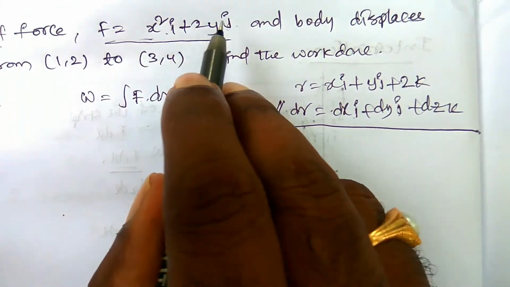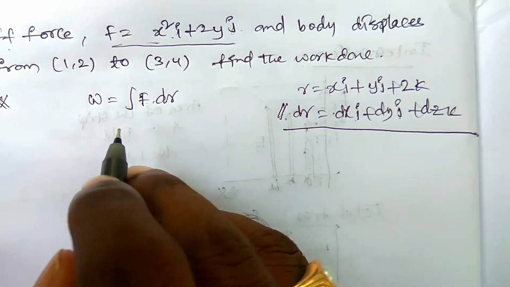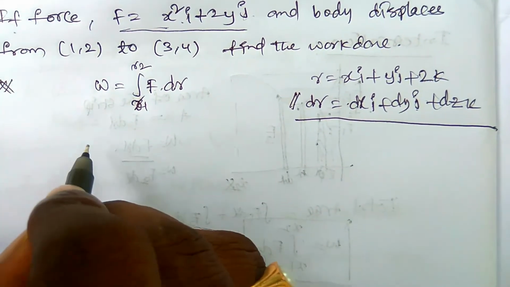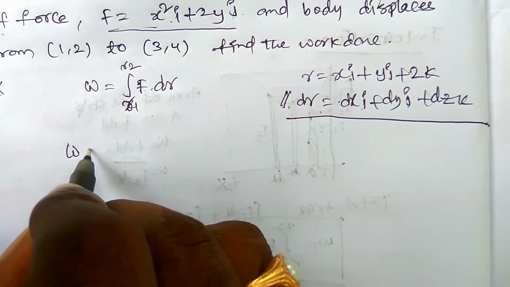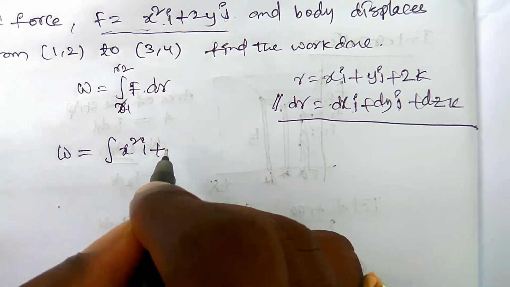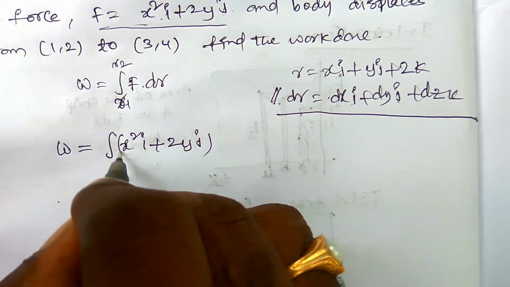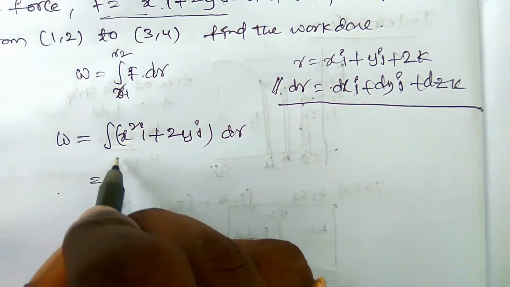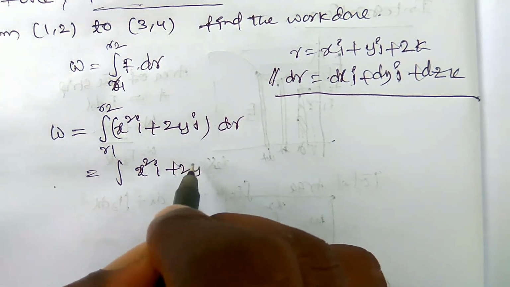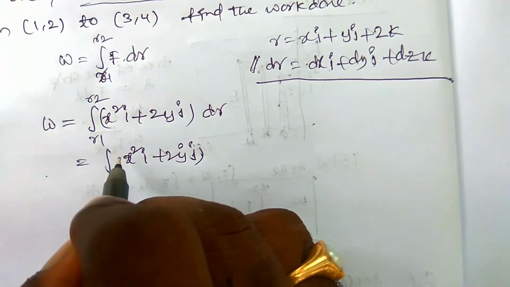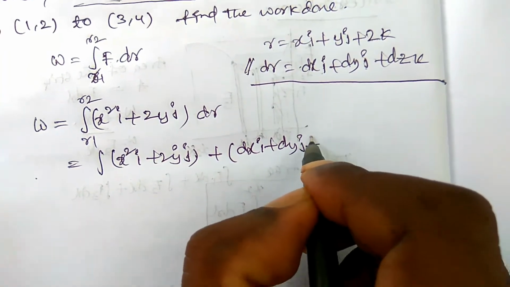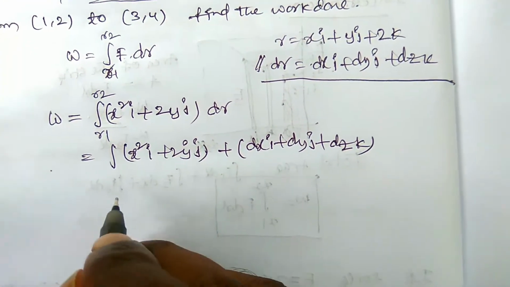So here F is equal to x square i plus 2y j. Okay, and here this is x1 to x2, here r1 to r2, right? So W is equal to the integral of x square i plus 2y j into dr, from r1 to r2, where dr is equal to dx i plus dy j plus dz k.